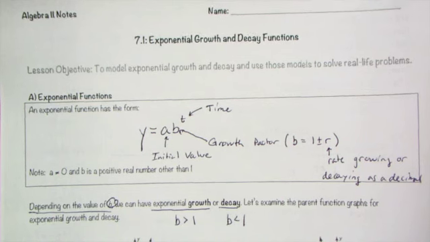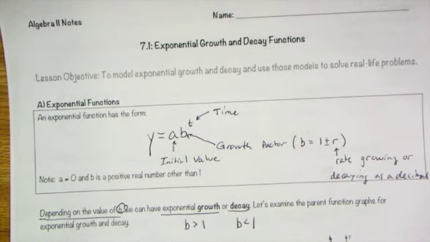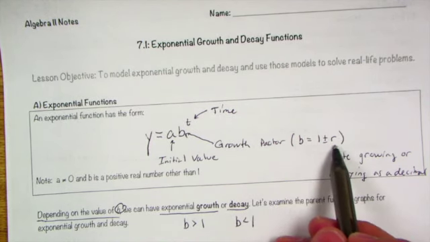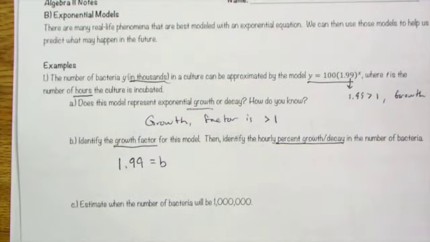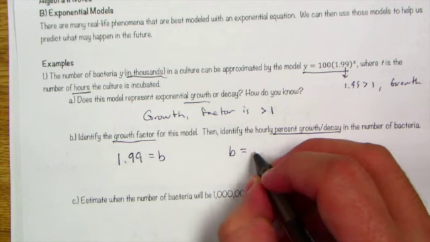So if we want to know the percent rate of growth, we can just use this equation, B equals 1 plus or minus R.